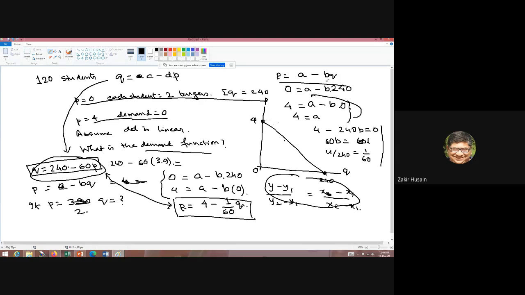The difference is, see, here price is a function of quantity. Here this is the inverse function. Quantity is a function of price. So D, for instance, will be the inverse of this, 1 by 60.